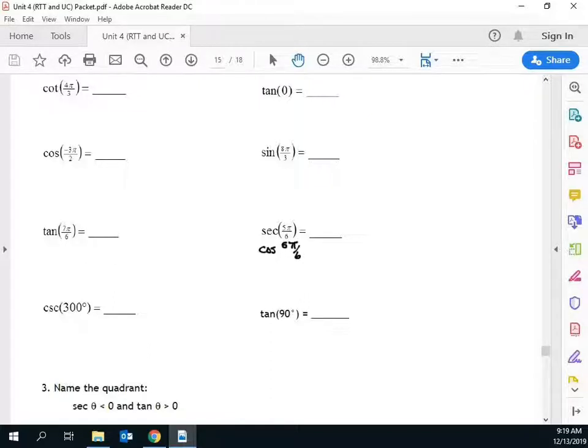Inverse. Then the next step is reference angle. Yeah, sorry, 5 looks pretty bad. You good? Okay. So reference angle is pi over 6.